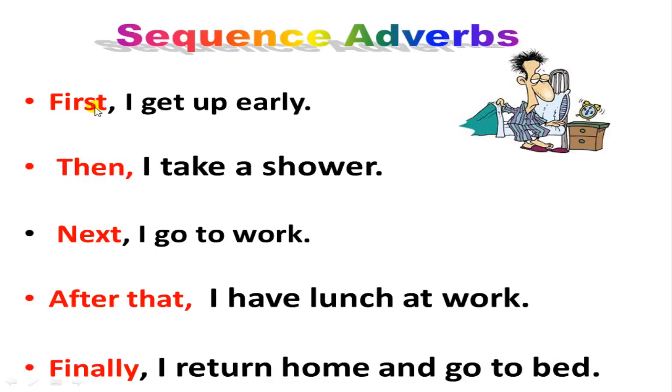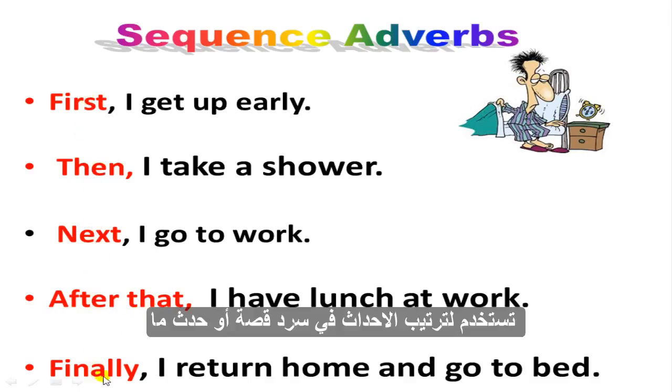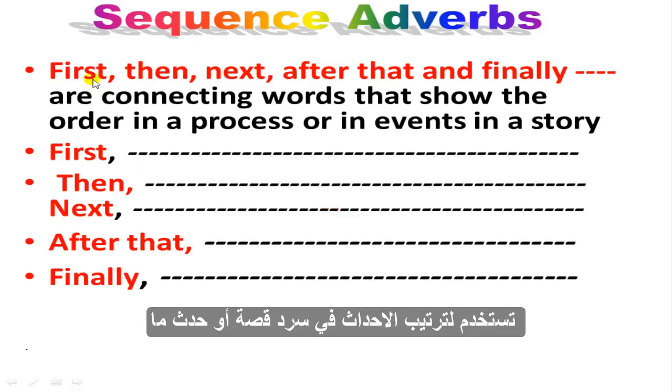We use sequence adverbs. First, I get up. Finally, I go to sleep. First, then, next, after that, finally. Why do we use first, then, next, after that, and finally?